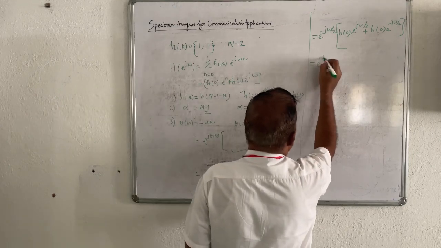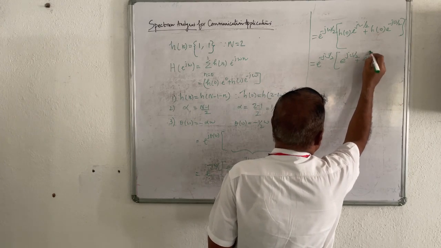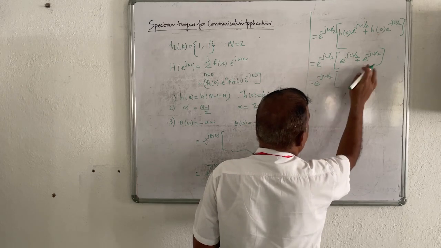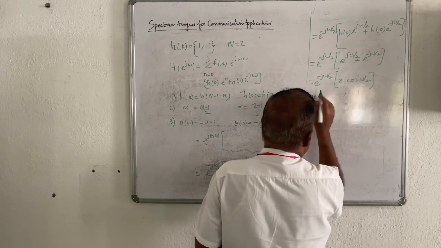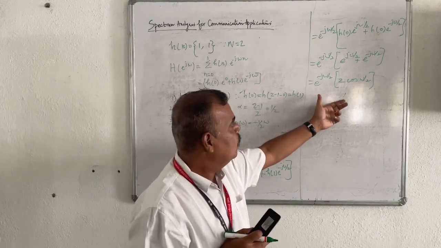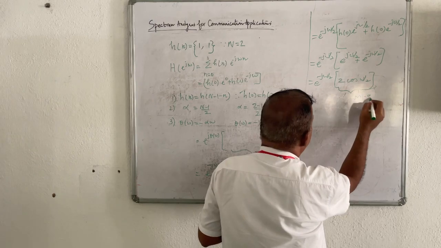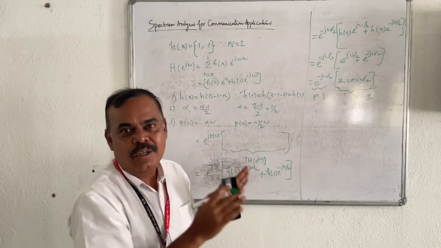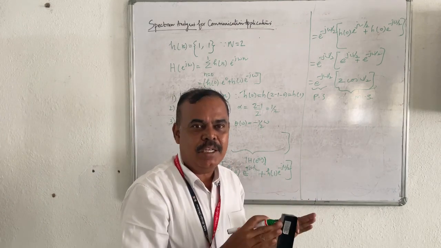So I can rewrite this equation as e power j omega by 2 plus e power minus j omega by 2. And what is e power j omega by 2 plus e power minus j omega by 2? This is 2 cos omega by 2. See how clearly this sample is split into two spectrums. This is the magnitude spectrum and this is the phase spectrum. So this is the way to split any voice signal into a magnitude and phase spectrum.